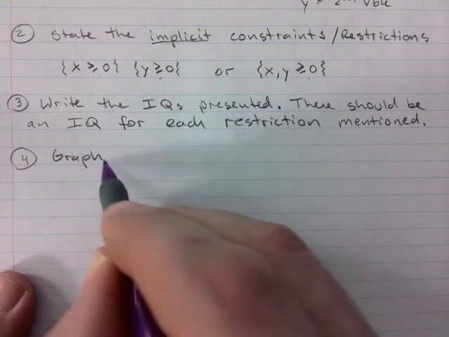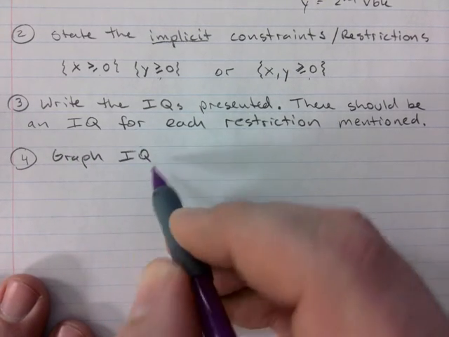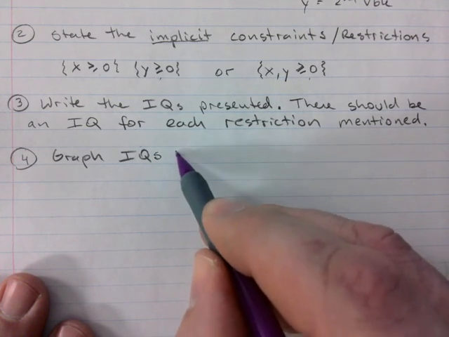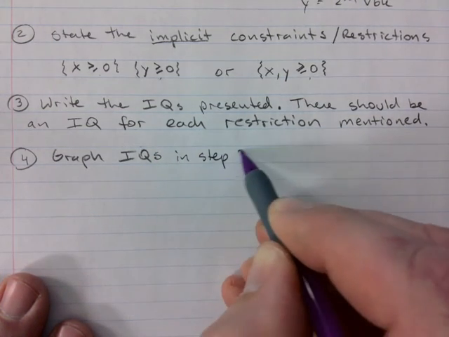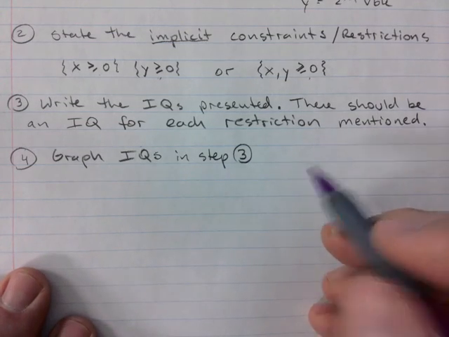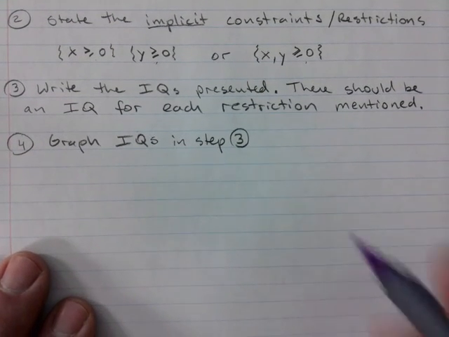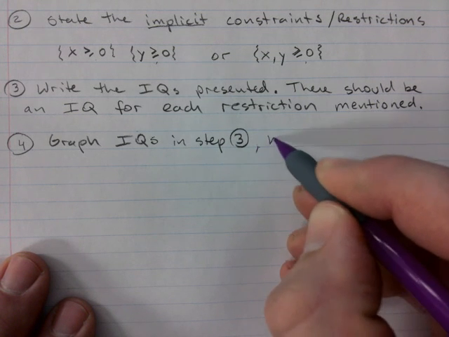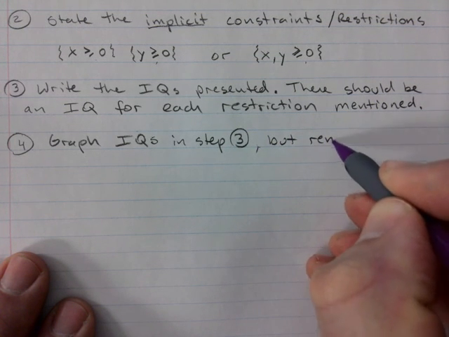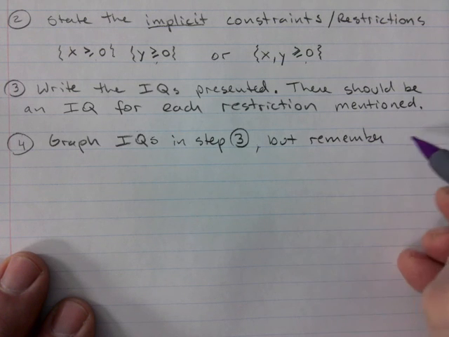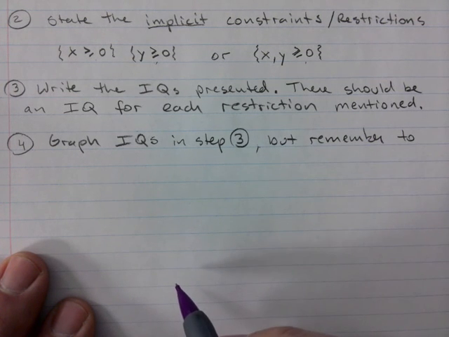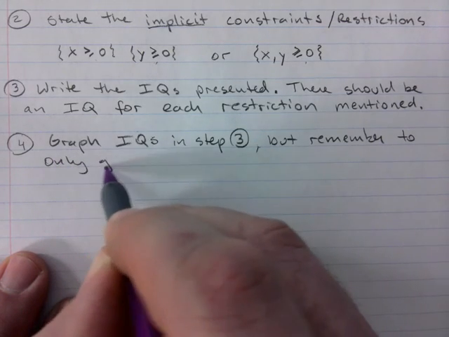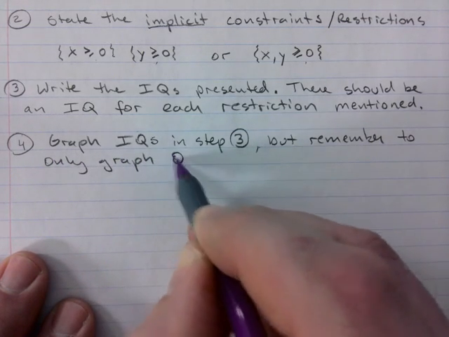Four, graph inequality. We're almost done. After this, there's just one more. Graph the inequalities from step 3. Okay? But remember to only graph quadrant 1.